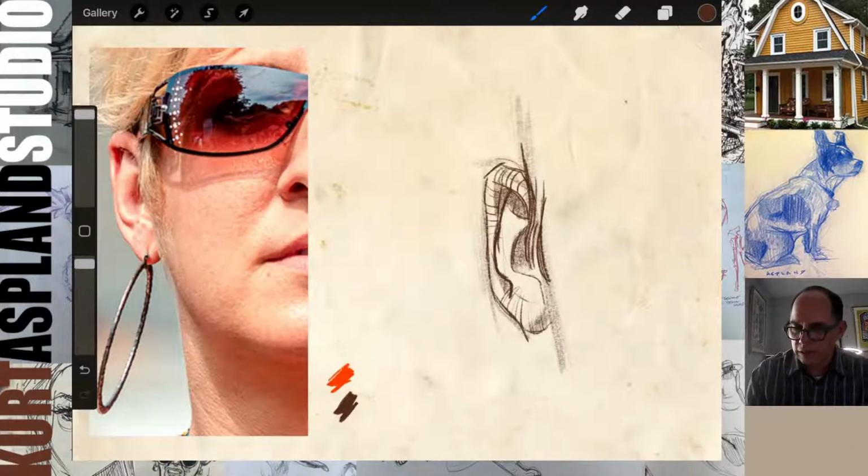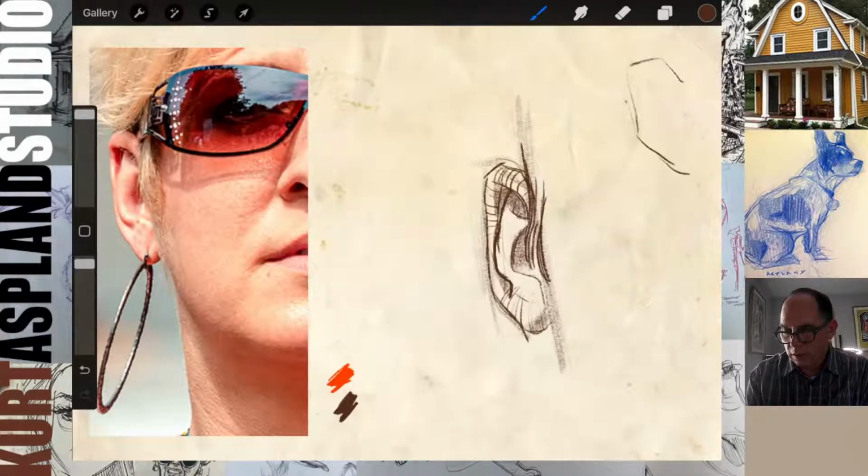So what I did was we started with the overall shape. Then I came up with this idea of the snake of the ear. And then we put in the Y of the ear, right?